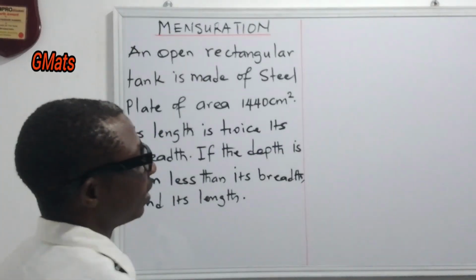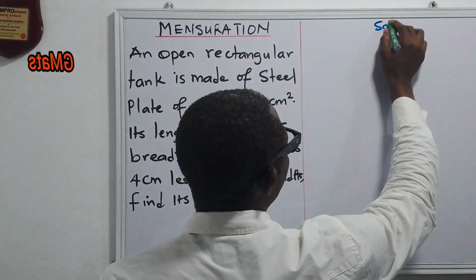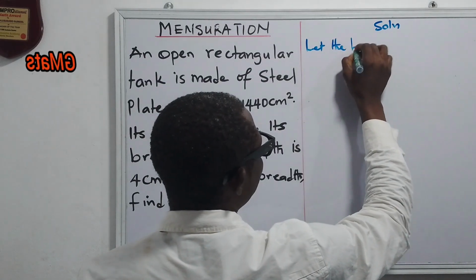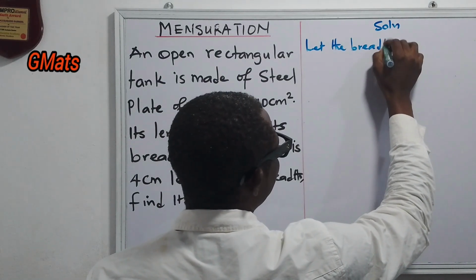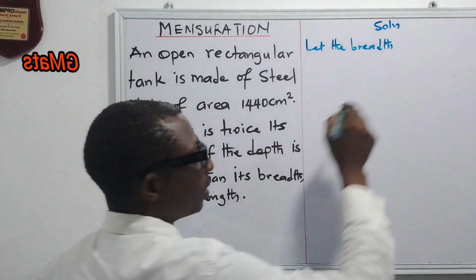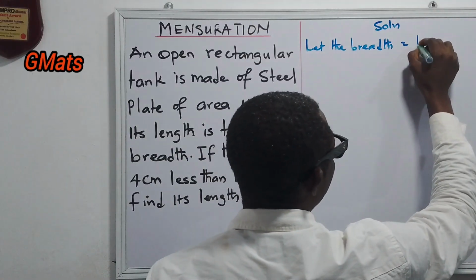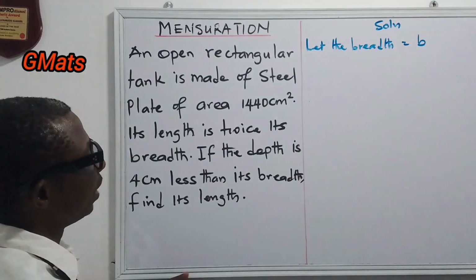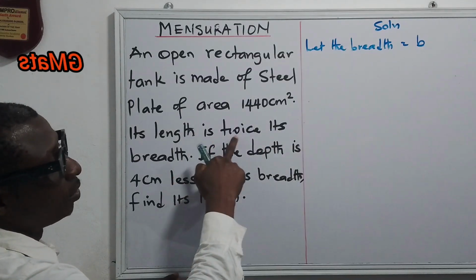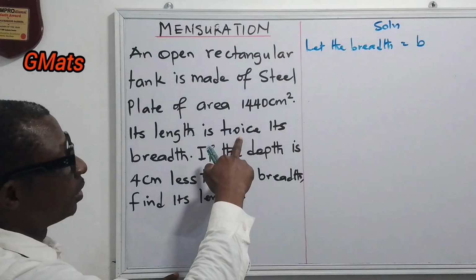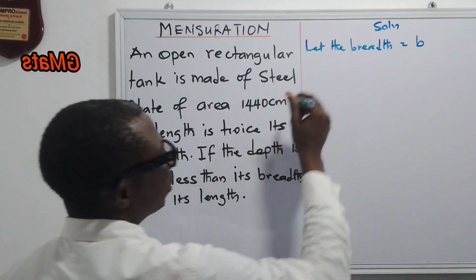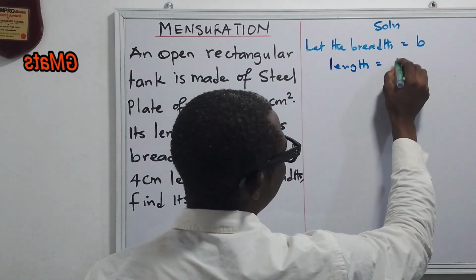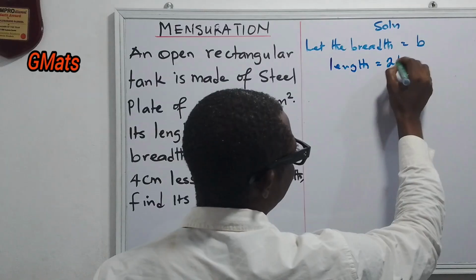So let's begin by saying let the breadth of the tank be equal to B. So if the breadth is B, that means the length is going to be 2 times the breadth, that's 2B.